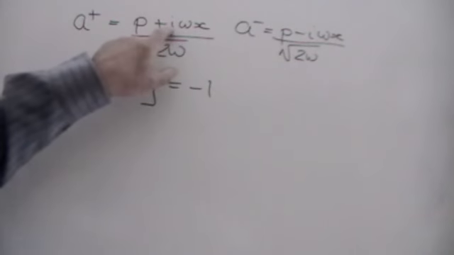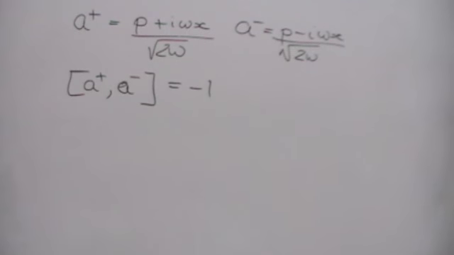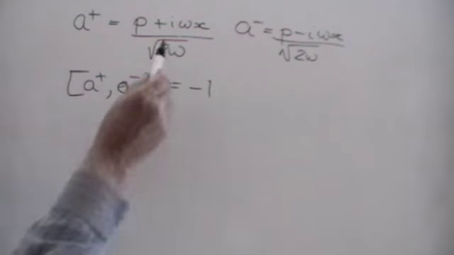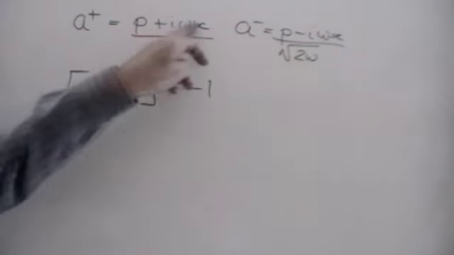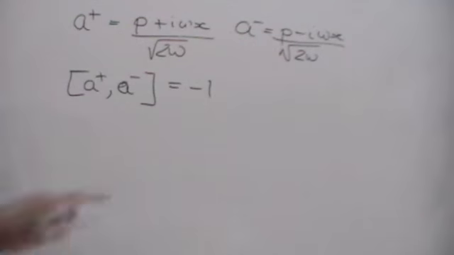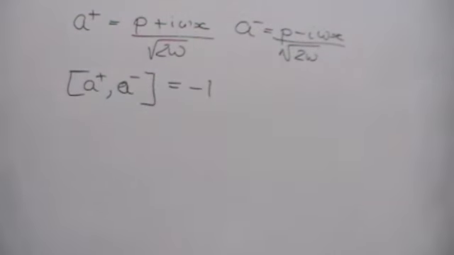Remember, the commutator of p plus i omega x and p minus i omega x came out to minus 2 omega. Consequently, if we divide these two sides by the square root of 2 omega, that will cancel the 2 omega that you get here, and instead of minus 2 omega, you'll get minus 2 omega divided by 2 omega, and that's minus 1.